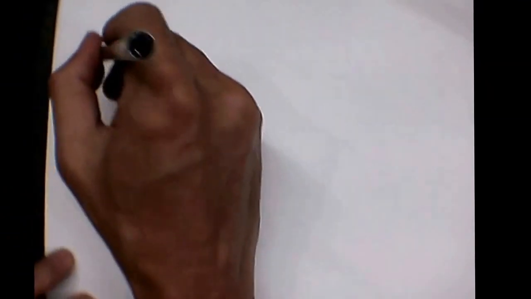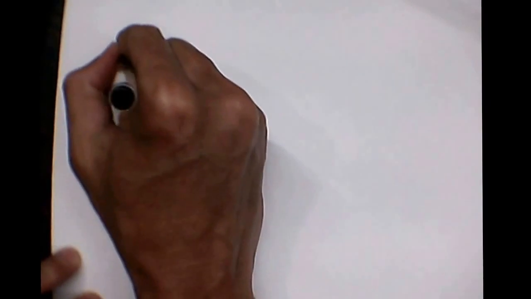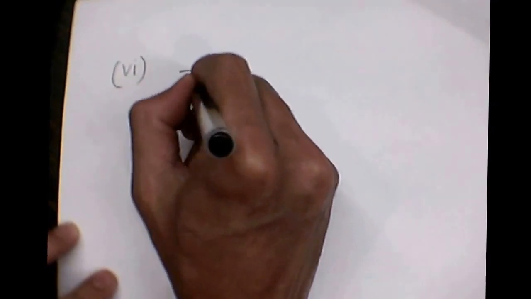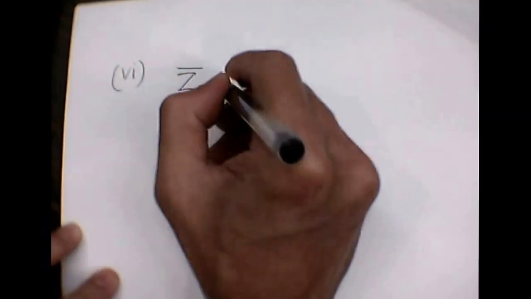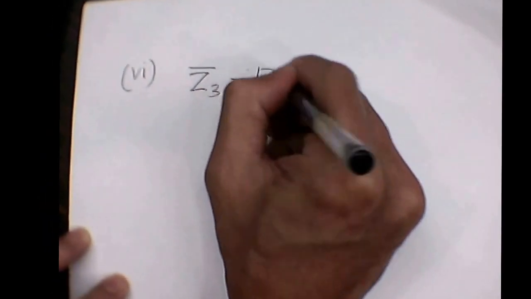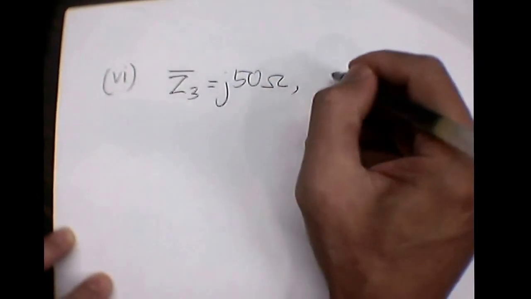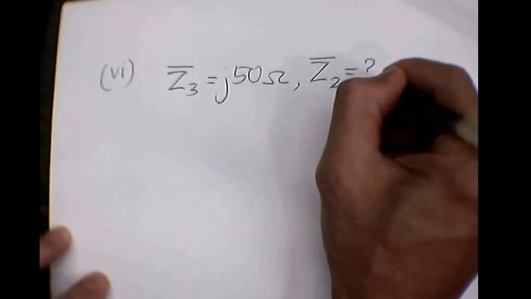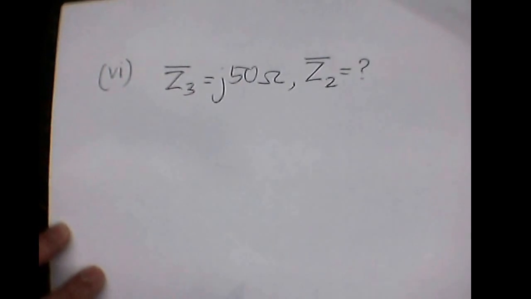And the last part requires us to find Z2 if given Z3. Right? If Z3 is given as J50 ohm, we want to know what is the impedance Z2. Now, how do we do that?